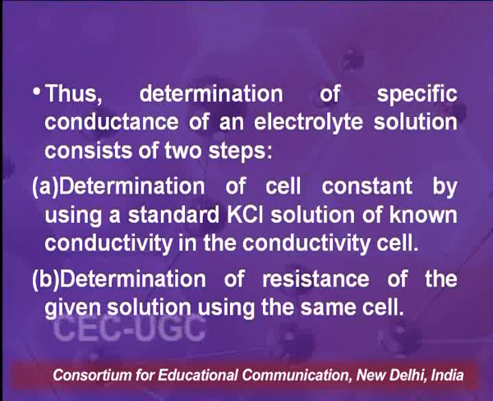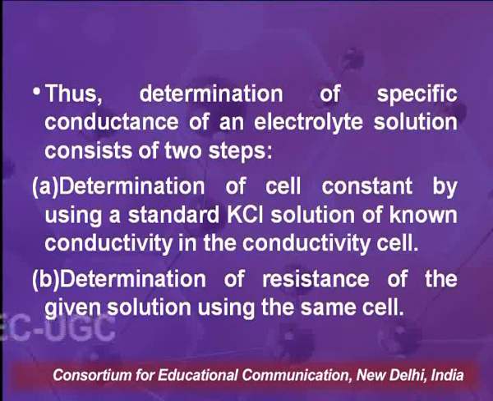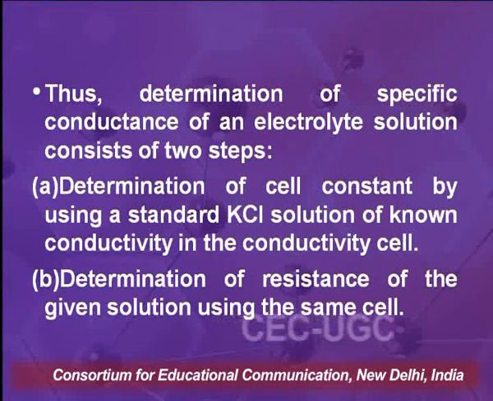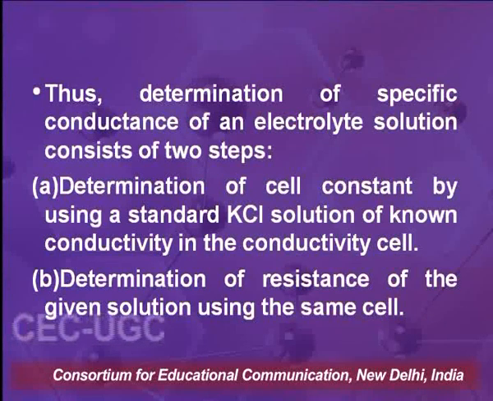Thus, determination of specific conductance of an electrolytic solution consists of two steps. Step 1 is the determination of the cell constant by using a standard KCl solution of known conductivity in the conductivity cell.